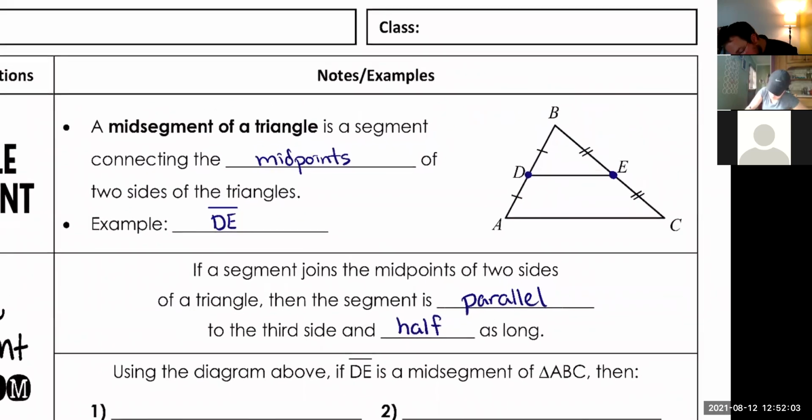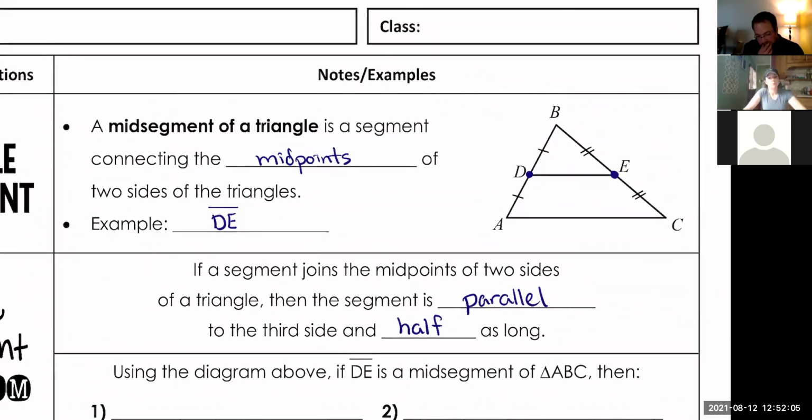So again, going back up to this diagram here, some things I could add to this image. First off, it's telling me that the midsegment DE is parallel to the third side where there was no midpoint given. So I could, if I wanted to, draw a little arrow on these two pieces to say that those two segments are parallel.